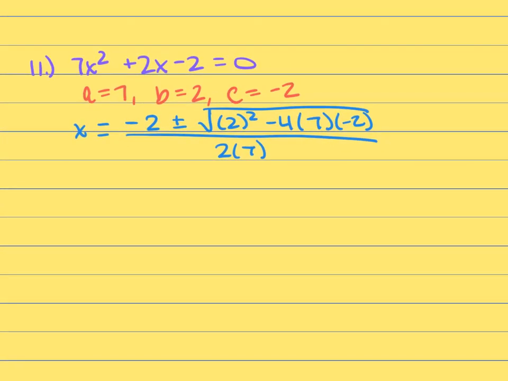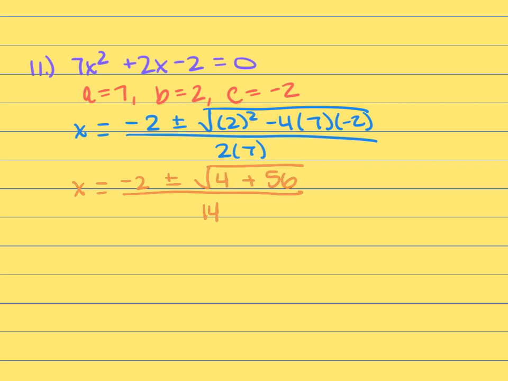So if we simplify this, it's going to be x is equal to negative 2 plus or minus the square root of 4 plus 4 times 7 is 28. 28 times negative 2 is a positive 56, all over 14.